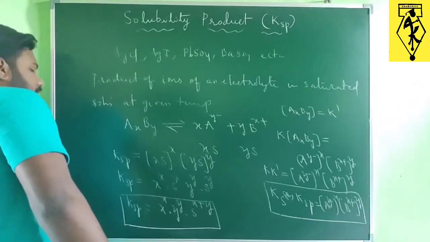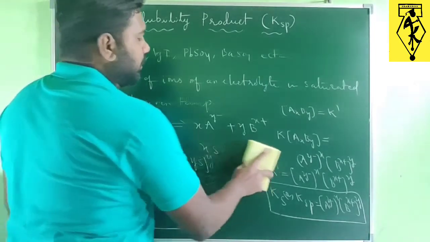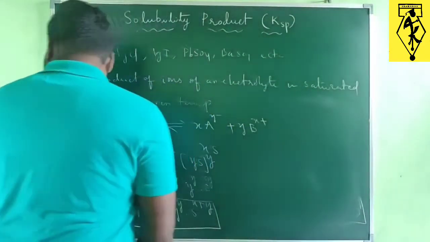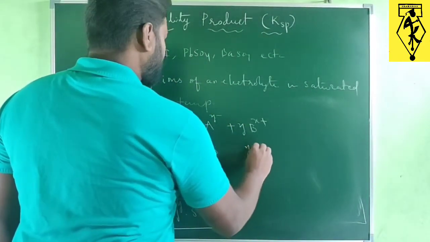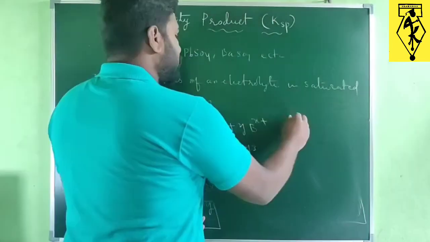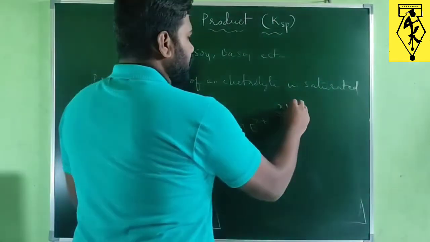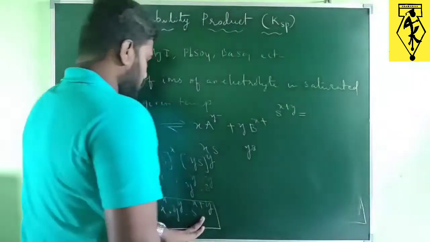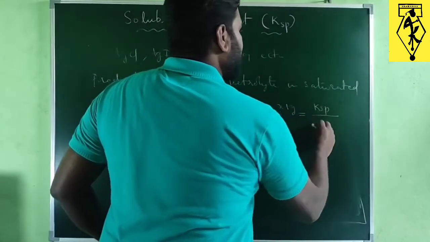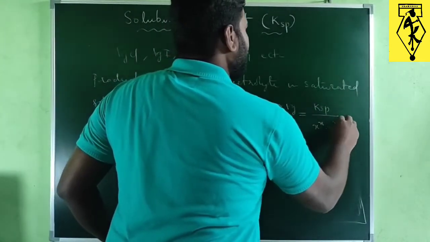If you want to calculate solubility here, S^(x+y) equals Ksp divided by x^x y^y.